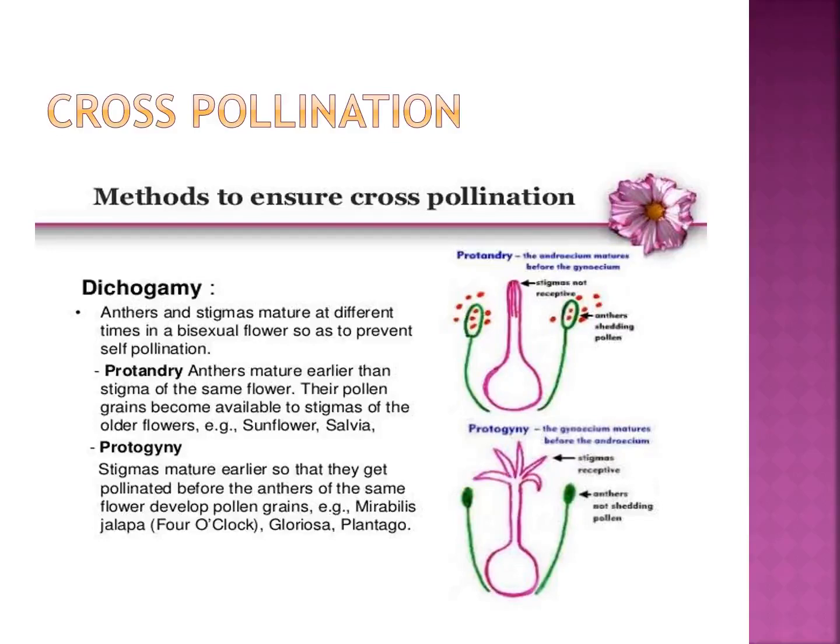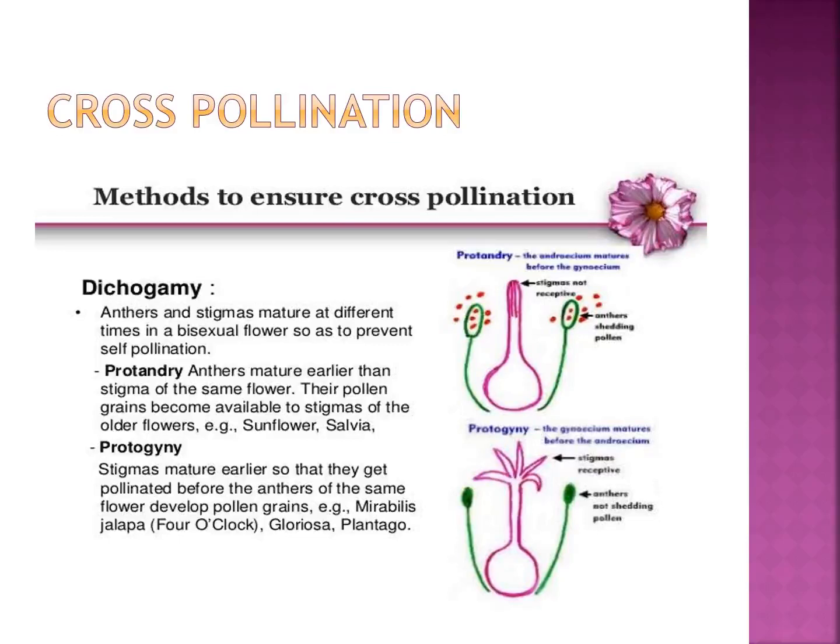Anthers and stigmas mature at different times in a bisexual flower, so that prevents self-pollination. Bisexual means both characters are present in one flower. Protandry: anthers mature earlier than the stigma of the same flower, so their pollen grains become available to stigmas of older flowers.